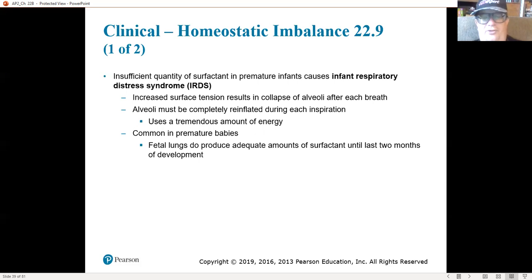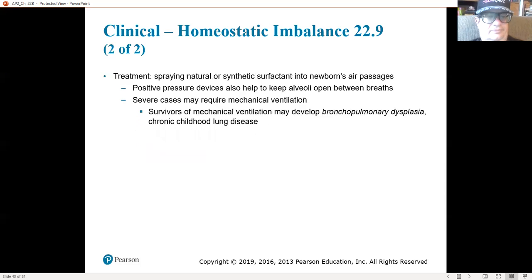Fetal lungs do produce adequate amounts of surfactant until, it should say do not. Yeah, this is a typo. Fetal lungs do not produce adequate amounts of surfactant until the last 2 months of development. Great. Treatment. You could spray natural or synthetic surfactant into the baby's air passages.